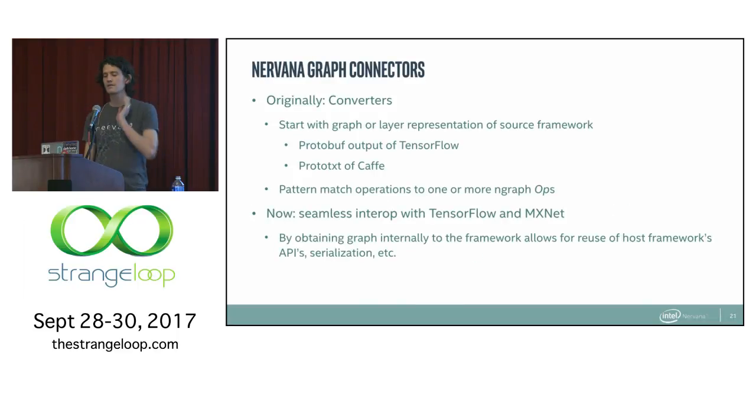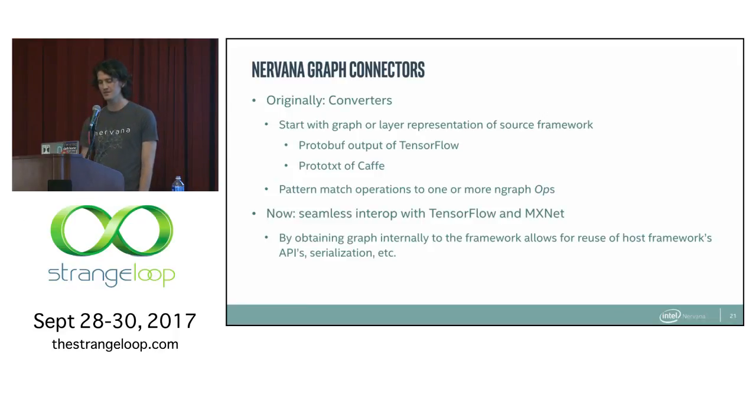Our connectors were originally called converters. When we started writing them, we had to take the low-level output of frameworks such as TensorFlow and Caffe, grab the protobuf output of these, serialize it in, and then pattern match in order to create one or more nGraph ops.